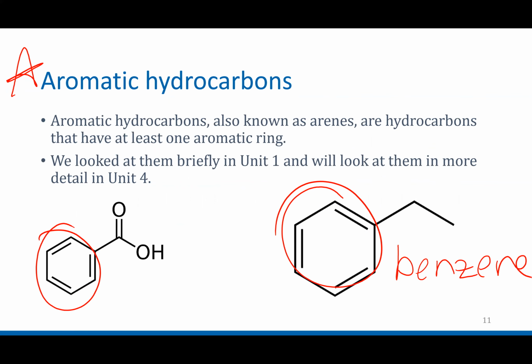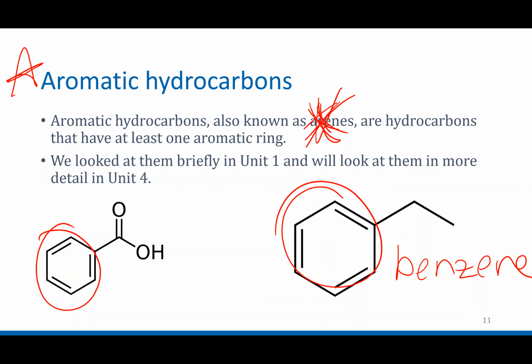This ring is not the same as a cyclic aromatic. So aromatic hydrocarbons, they call them arenes. I don't personally use this word. I say aromatic. These are hydrocarbons that have one aromatic ring.